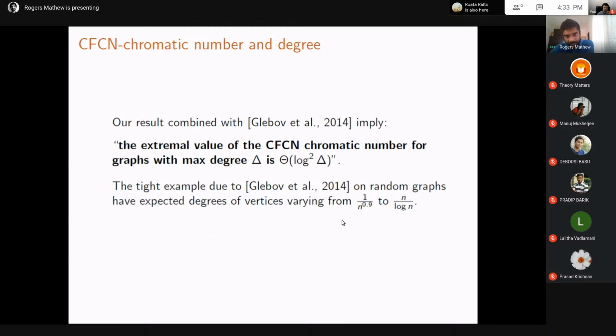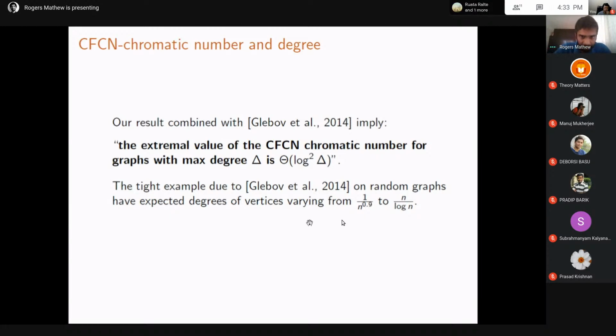By extremal value I mean that you take all graphs with maximum degree delta, and you find the conflict-free closed neighborhood chromatic number of each of these graphs, and the maximum of all that. That's what you call the extremal value of the CFCN chromatic number for graphs with maximum degree delta. So we have established that it is theta of log square delta. It's tight from either side.